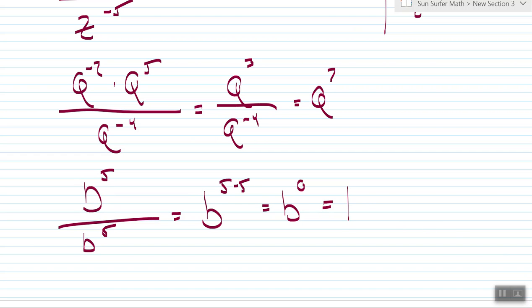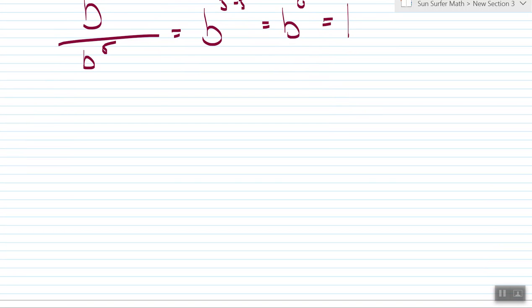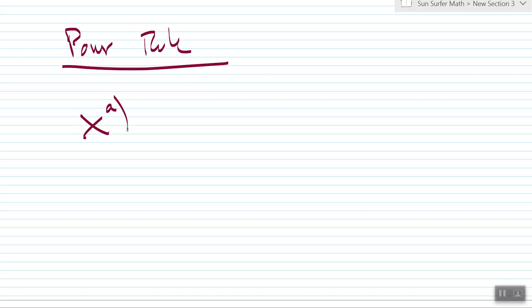One other power rule that comes up in calculus classes occasionally would be the power rule. And so the power rule says that if you have a variable raised to some power, and then that's raised to another power, you would simply multiply the exponents. So we have x to the ab.